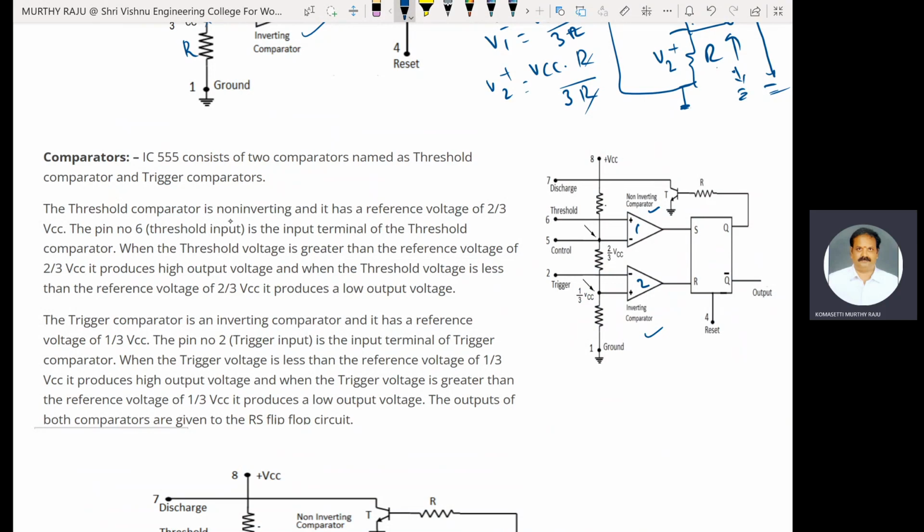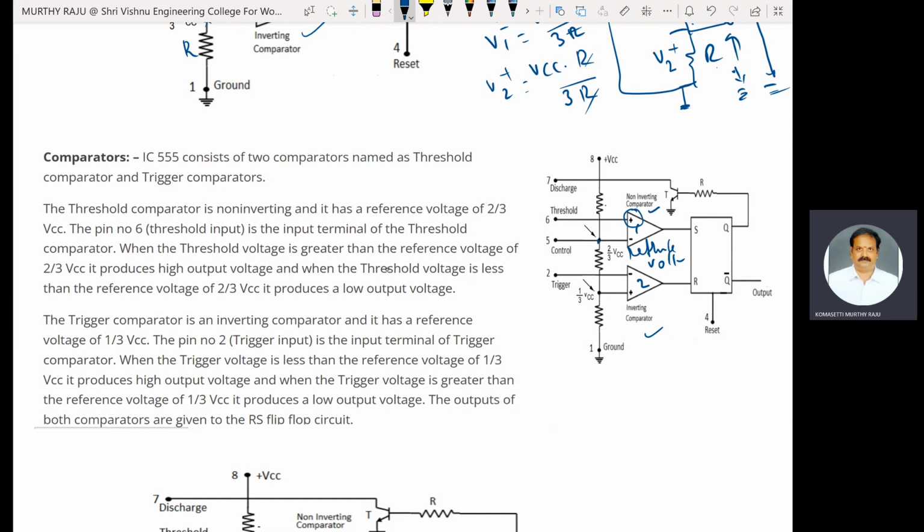A threshold comparator is non-inverting and it has a reference voltage of 2/3 VCC. This is the reference voltage. The pin number 6, that means the threshold input, is the input terminal of the threshold comparator, that means the plus non-inverting terminal of the comparator.